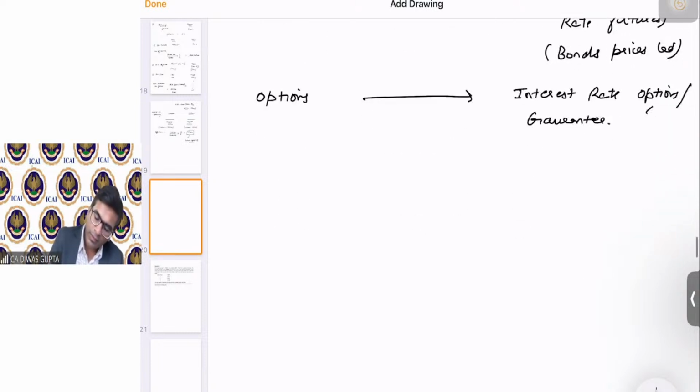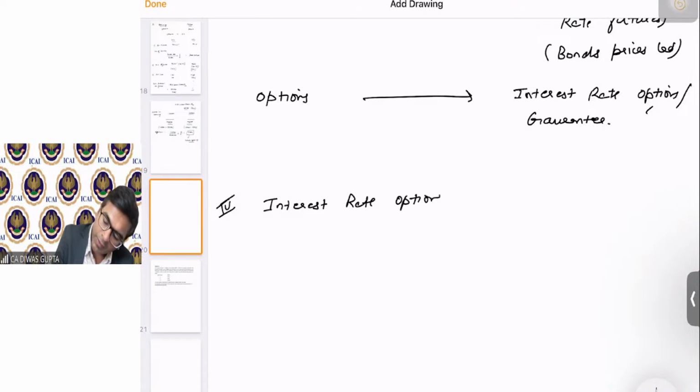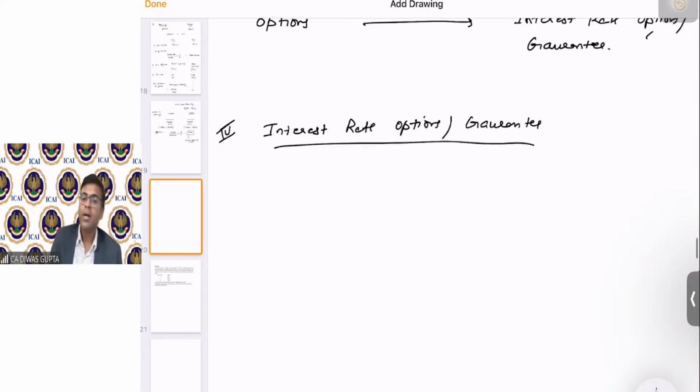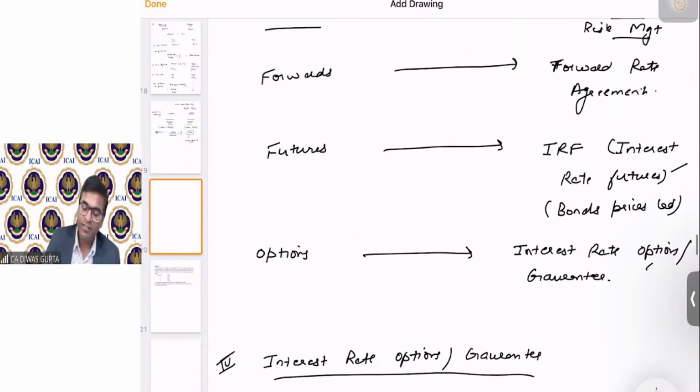So let's come to the fourth technique, interest rate options, or we also call it interest rate guarantee. Now, students, the likely difference that we had of forwards and futures with options is the same for interest rate options. What was the difference with options?